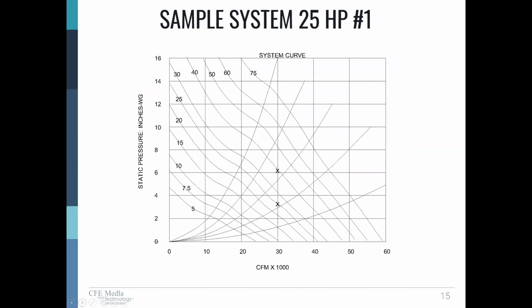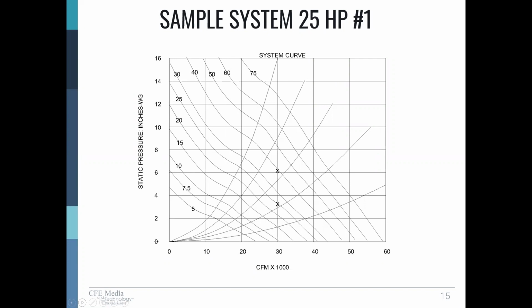The fan curve that you see here is for both the 50 horsepower and the 25 horsepower systems. The upper X, if you start at the 30 and go up to just above 6 inches of static pressure, is the operating point for the 50 horsepower motor.